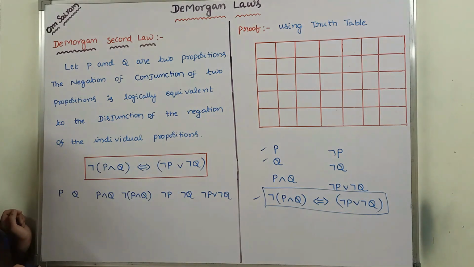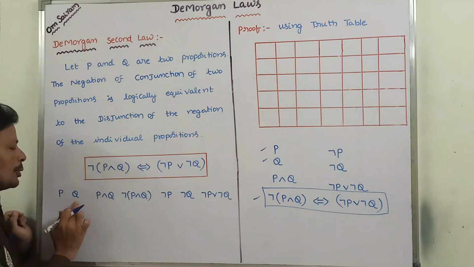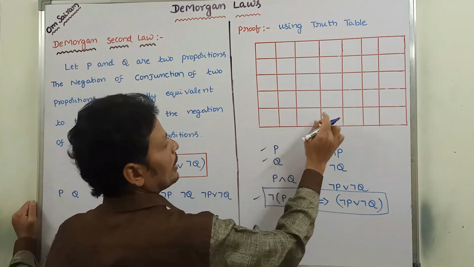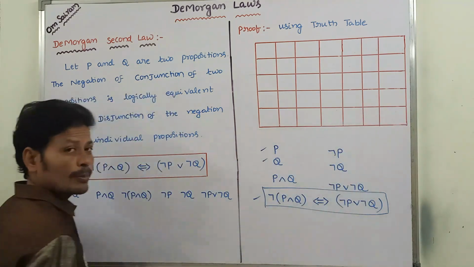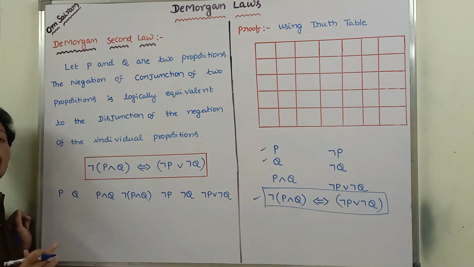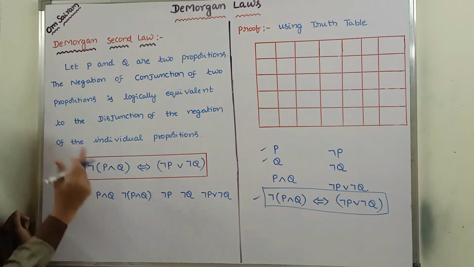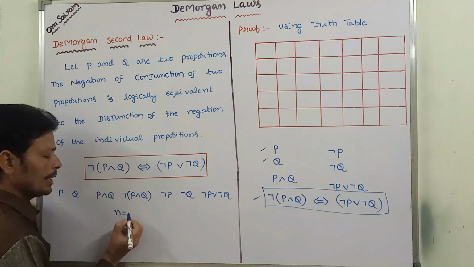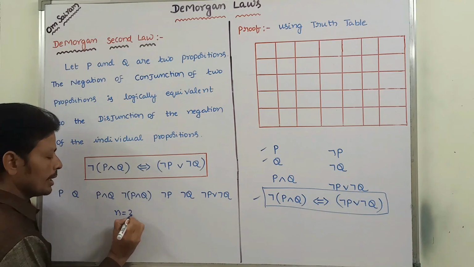In the truth table method, how many columns are present? These columns: 1, 2, 3, 4, 5, 6, 7. So 7 columns are there. How many rows are present in the truth table? The number of propositions is denoted by n. n is equal to 2.